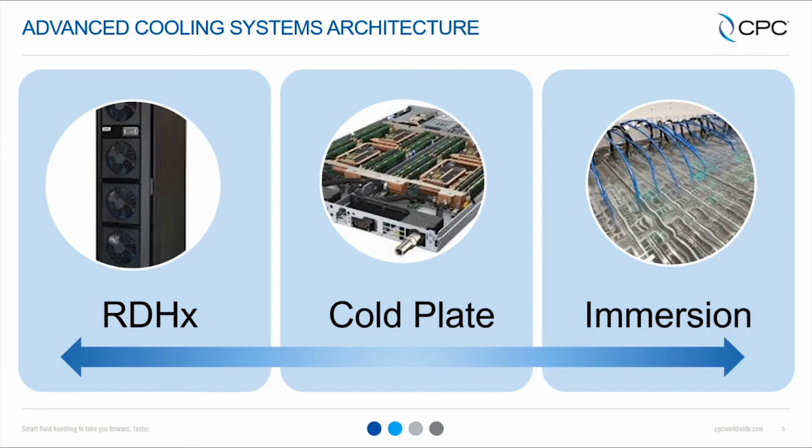Within industry, there's been quite a bit of activity over the last few years to really educate and develop best practices across the industry with regard to liquid cooling technologies for high performance computing, data centers, and colocation facilities. So here we have a representative architecture scoped out from left to right by a rear door heat exchanger to a direct contact cold plate and all the way to full bath immersion.